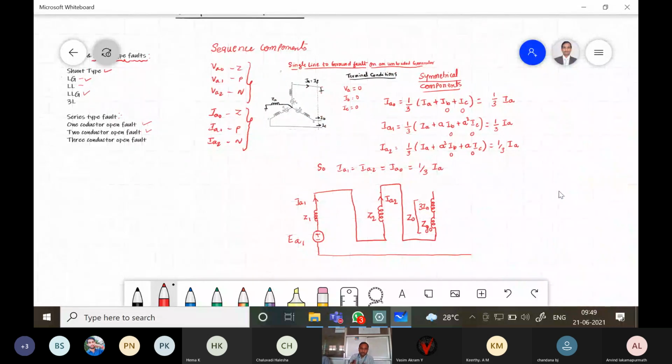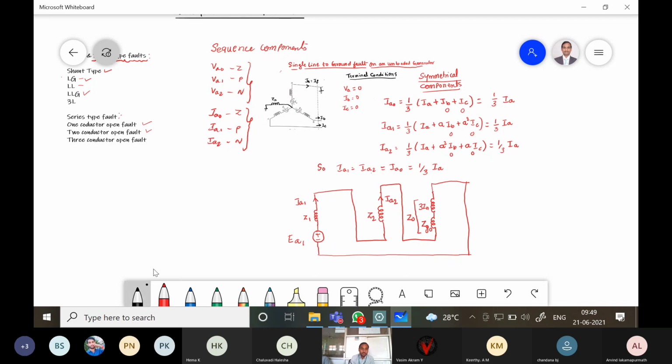So write the network: positive sequence, negative sequence, and zero sequence, connected to the reference bus now. Okay, so what is the voltage VA0? VA0, VA1 and VA2.